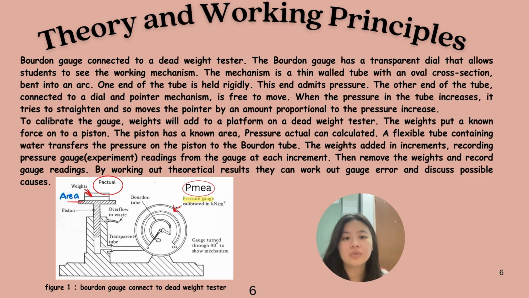A flexible tube containing water transfers the pressure on the piston to the Bourdon tube. The weight is added in increments, recording the pressure reading from the gauge at each increment. Then the weight is removed and the gauge reading recorded. By working out the theoretical result, they can work out the gauge error and discuss possible causes.